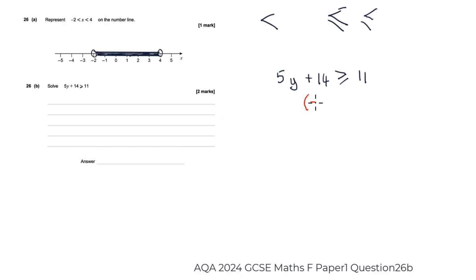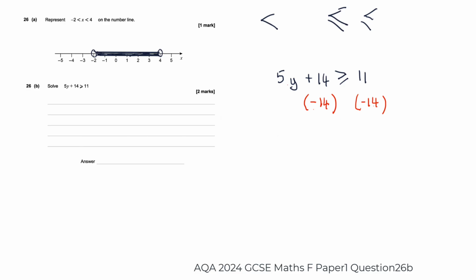So if I take away 14 from 5y plus 14, then I would have to take away 14 from this 11. Otherwise I couldn't then say what I'm left with is still greater than or equal to this. So I have to do the same action to both sides of this inequality.